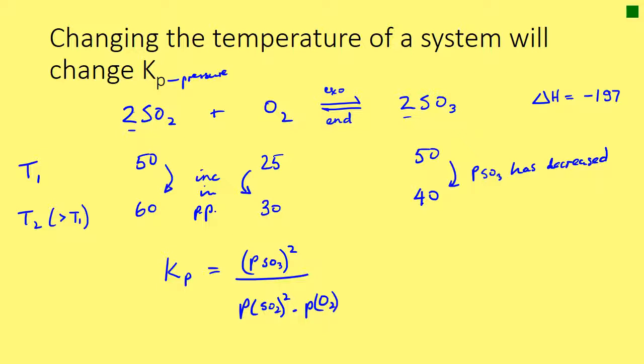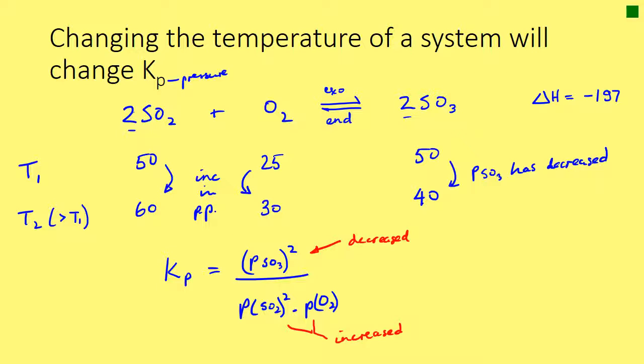And so what you can see from the workings is that our numerator has decreased and both of our denominators have increased.